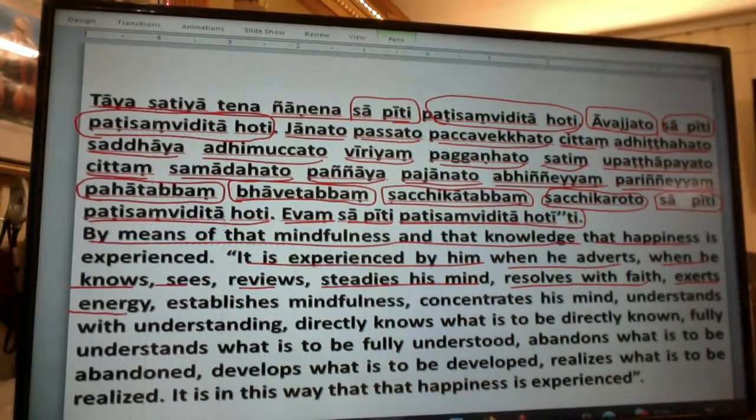Energy, Viriya. Sati Upatthapayato: establish mindfulness.